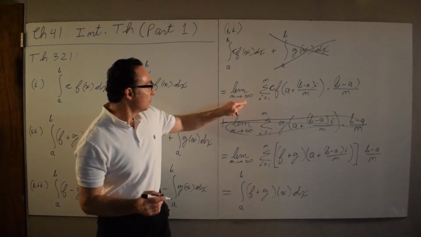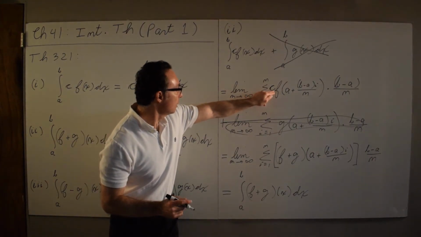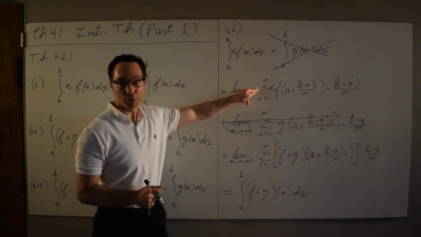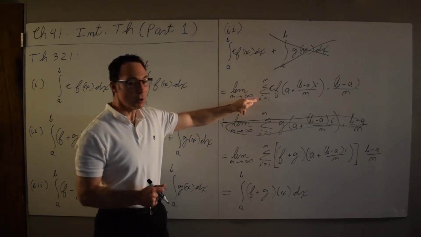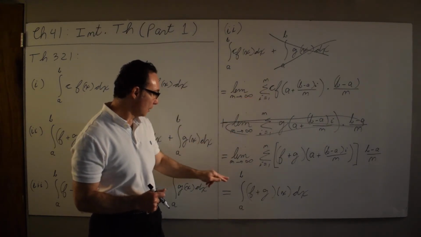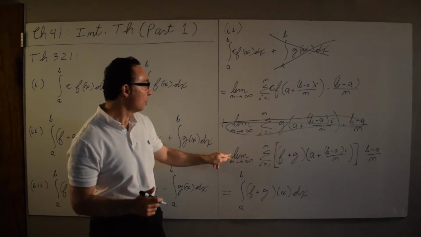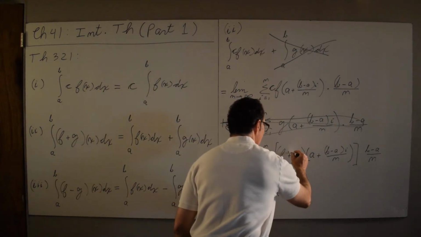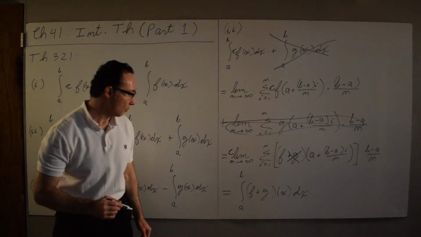And c, because multiplication distributes over addition, can be factored out of the sum. And because the limit of a constant times a function is a constant times the limit, the c can come outside of here. We'll just scratch out g because we're ignoring g.